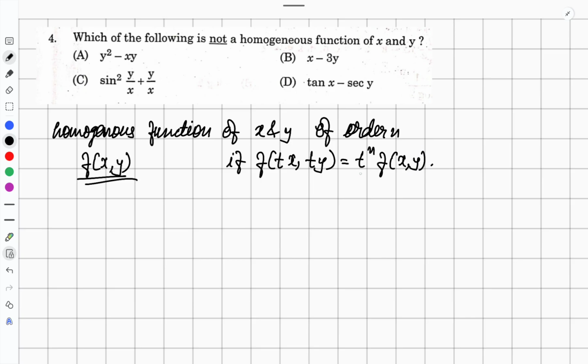So this variable n then gets called the order of the function. Okay, let's see how it operates.